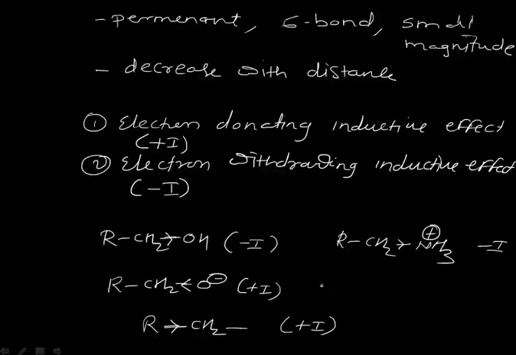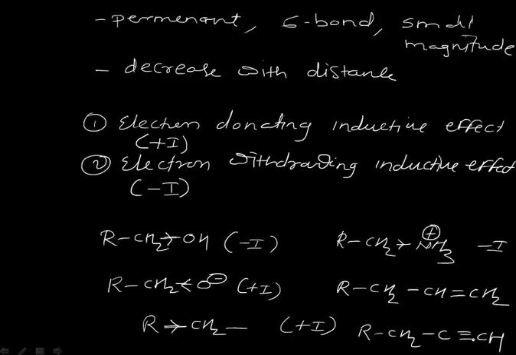Also, when you have different hydrocarbons, like RCH2, CH double bond CH2, then RCH2, C triple bond CH, this group is going to show minus I effect. This also is going to show minus I effect.